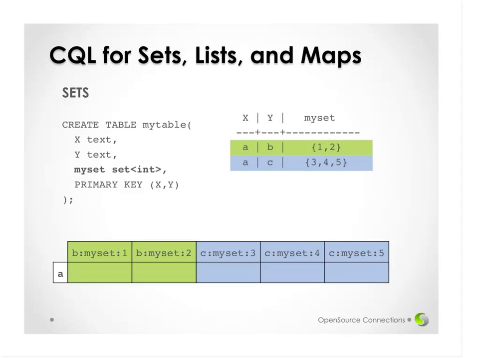And similarly, the Y field is the second part of the primary key. So the values of the Y field are going to be concatenated into the internal column names. See, there's B and C. Now, the cool thing about sets is their value also is concatenated and stuck into the column names.